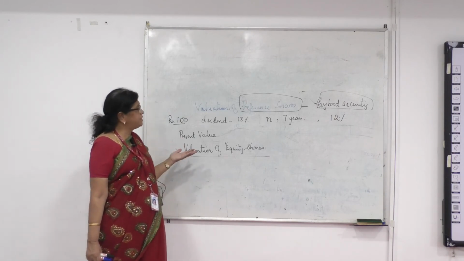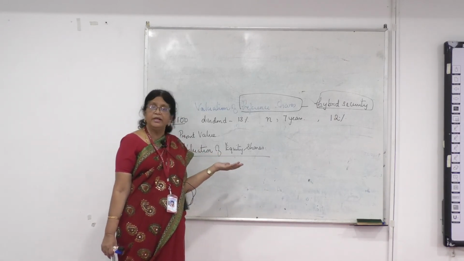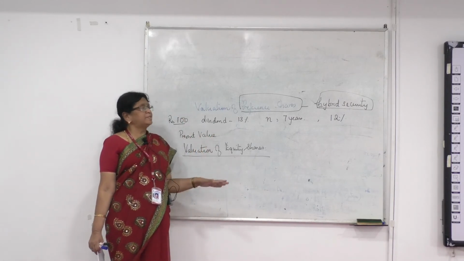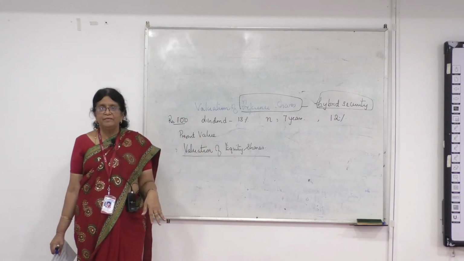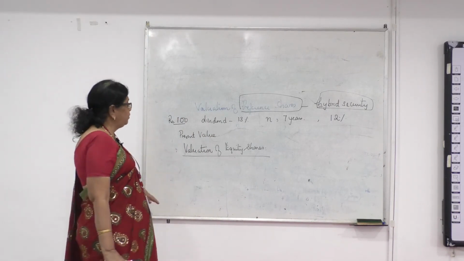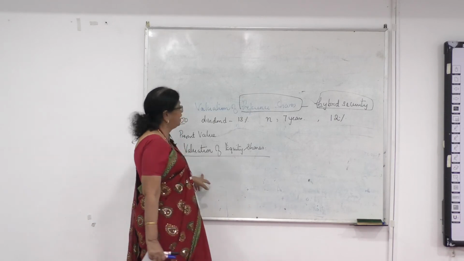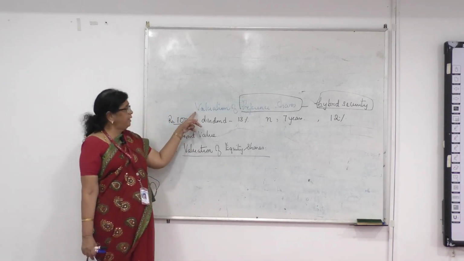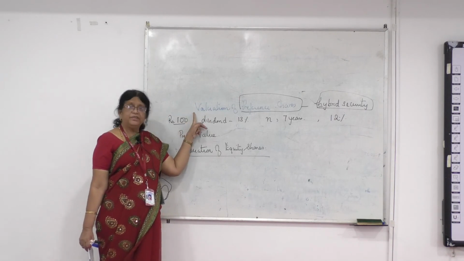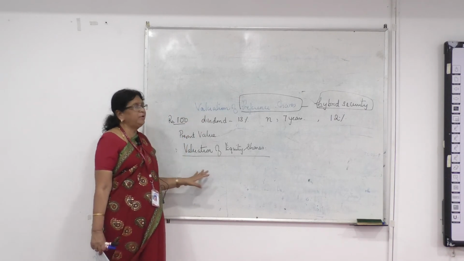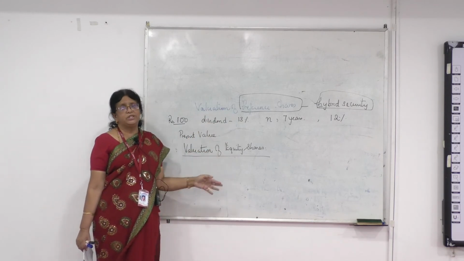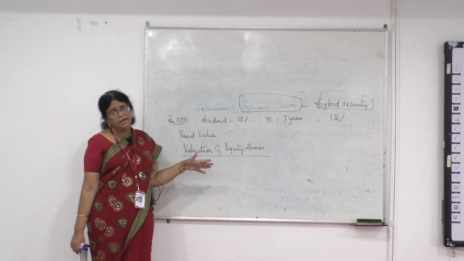Next, the common feature between a preference share and an equity share. Both these types of shares, you will find, do not guarantee you a return. On the other hand, I can put it this way, payment of interest or coupon on a bond is a statutory requirement, whereas payment of dividend either on a preference share or on an equity share is not a statutory requirement.